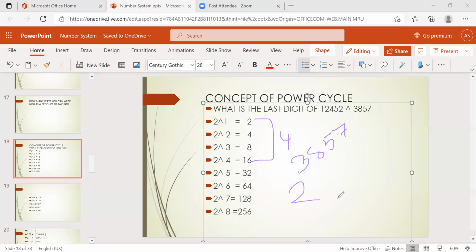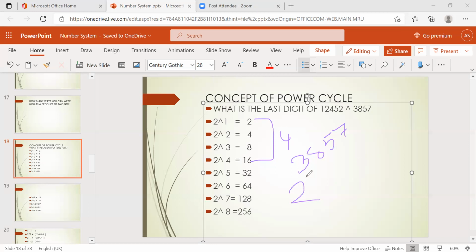What we actually want is the unit digit, right? Now see here: 2 power 1 is 2, 2 power 2 is 4, 2 power 3 is 8, 2 power 4 is 16, right? In the same manner, as I said, the power cycle is 4.